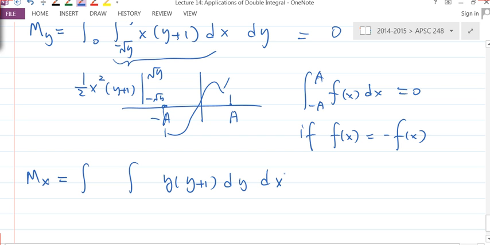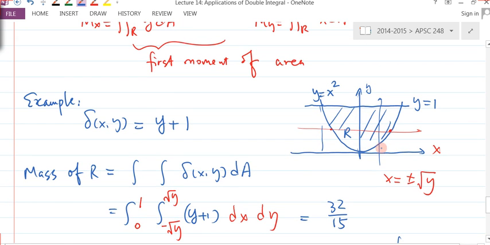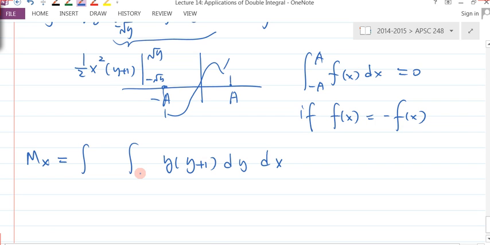If I integrate with respect to y first and then dx, let's see what the integral limits are. For dy first, the first contact is at y equal to x squared, and the second contact is at y equal to 1. So y goes from x squared to 1.